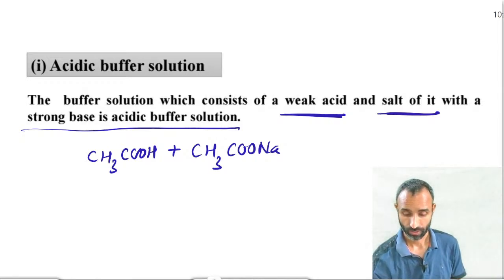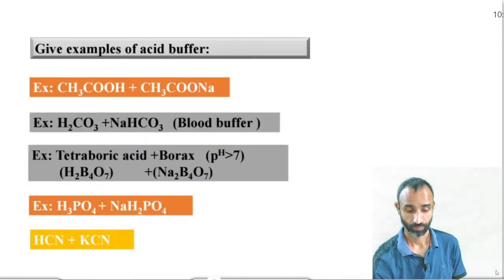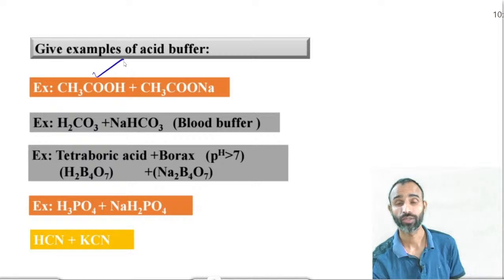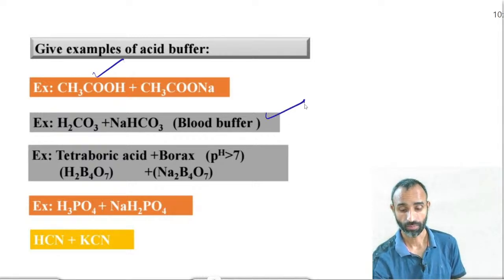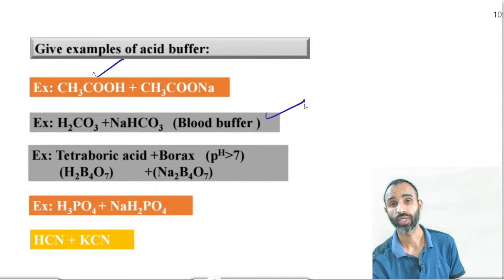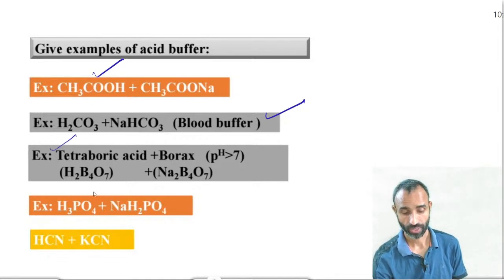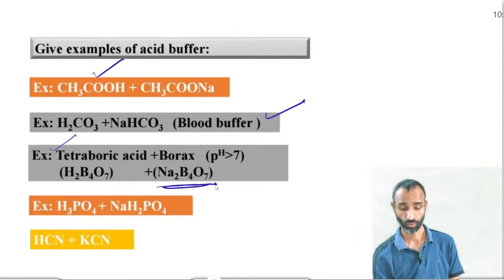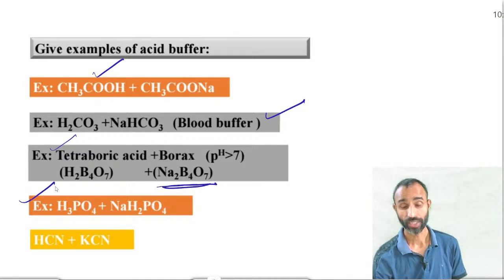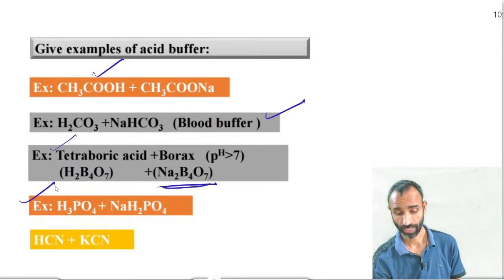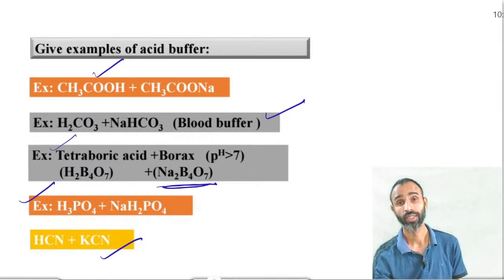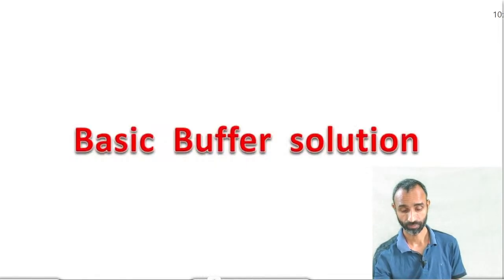Acetic acid and sodium acetate, or this blood buffer H2CO3 and NaHCO3. Even tetraboric acid H2B4O7 and Na2B4O7, H3PO4 and NaH2PO4, HCN and KCN, they are all examples of acidic buffer.